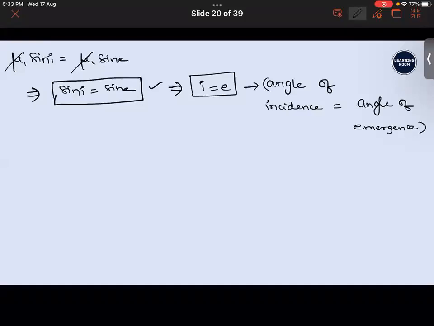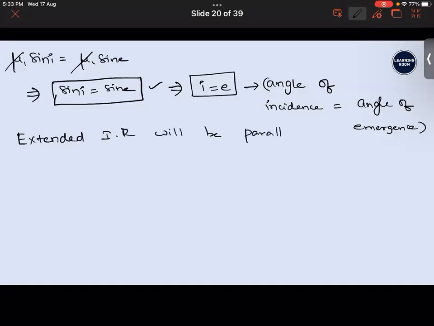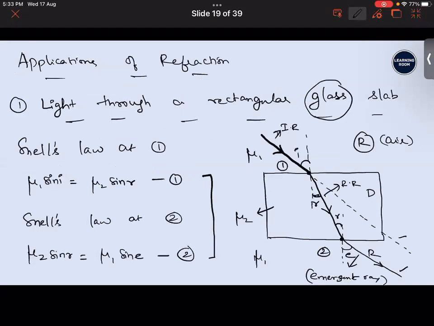Is that clear? Means the extended incident ray will be parallel to the emergent ray. Make a note of this point.